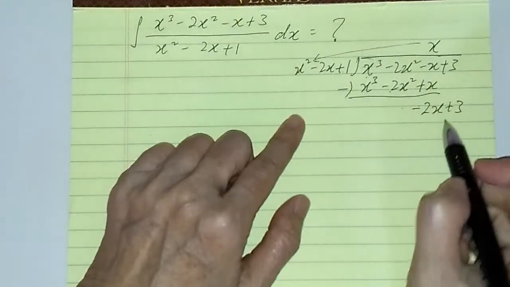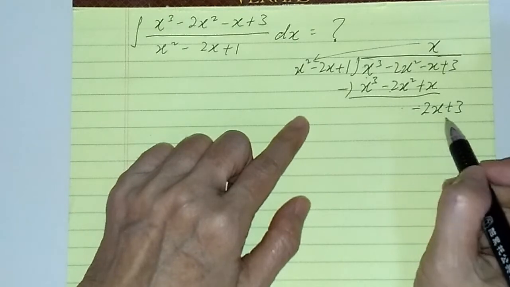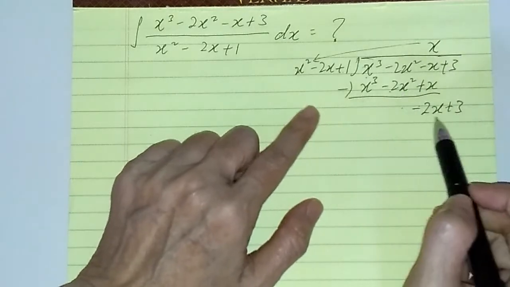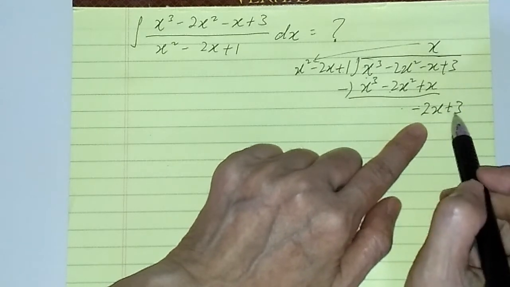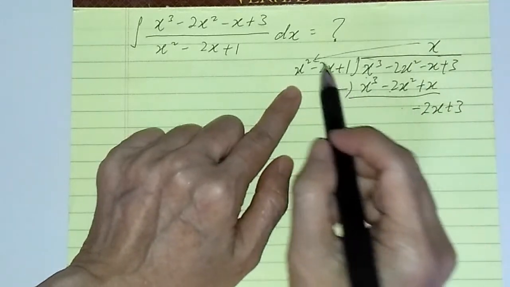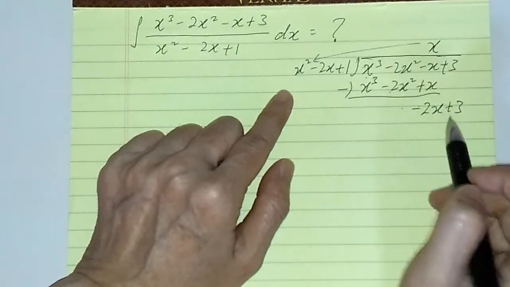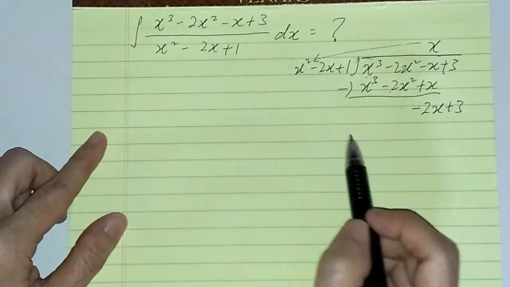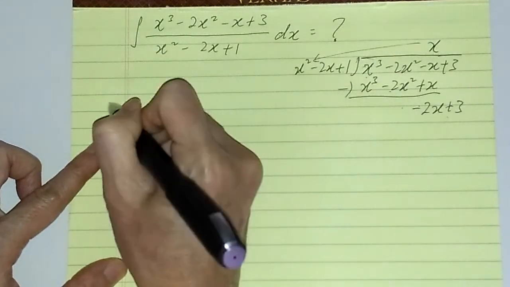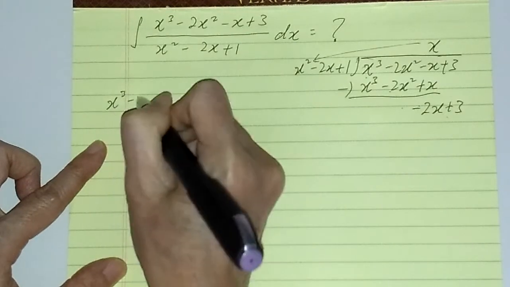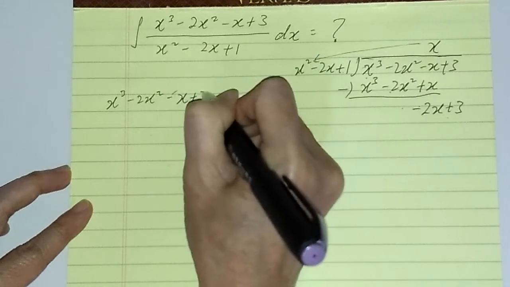Okay. So we have 2x minus 2x here. So we can't do anything here because when you look at the remainder, the highest power is smaller than the divisor, then we stop. This is the remainder. So the answer would be x cubed minus x.